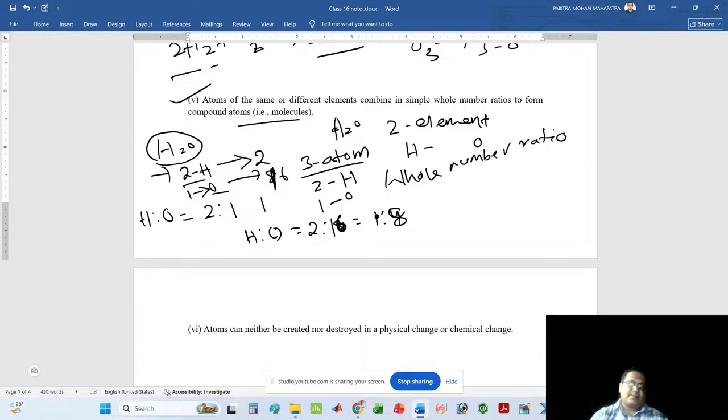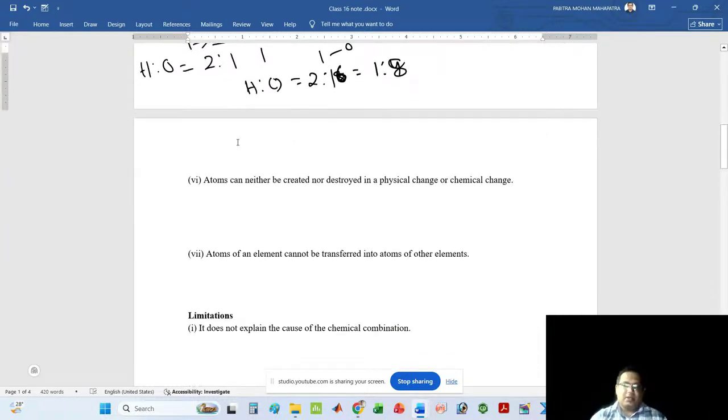I will explain again. If you think about the composition of the water molecule, the ratio in number of hydrogen to oxygen is 2 is to 1. If you think about the hydrogen oxygen ratio in mass, that is 1 is to 8.